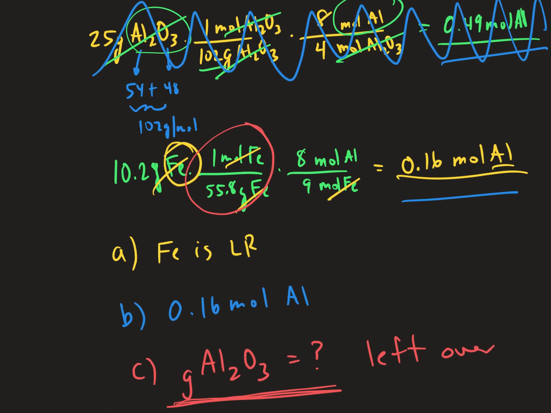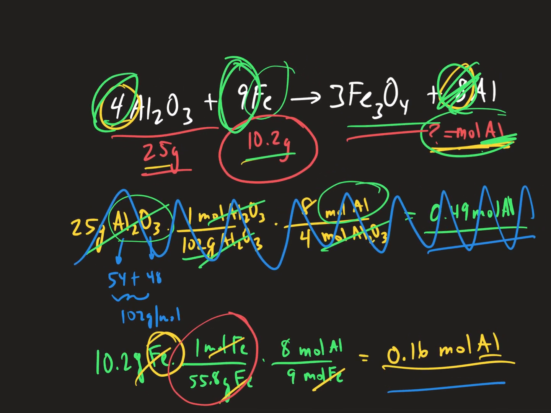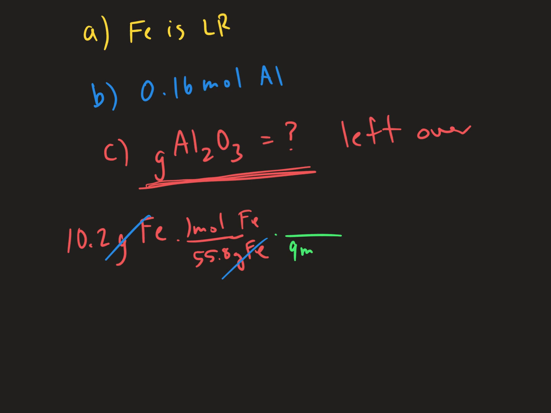I'm not going from aluminum, iron. So we have 9 moles of iron to 4 moles of Al2O3. Questions? Why I did that? We okay?